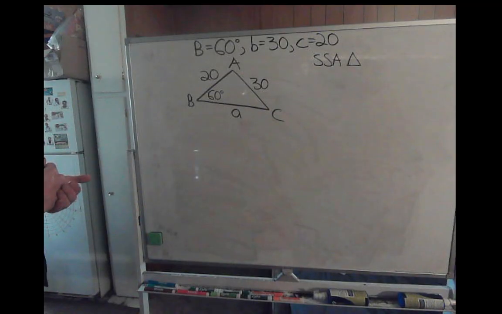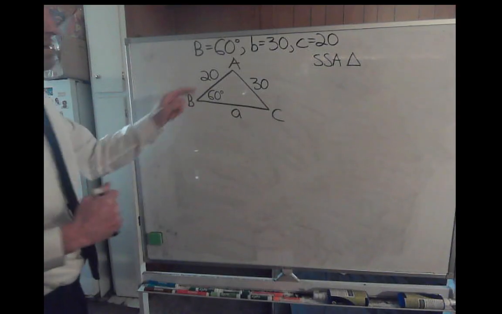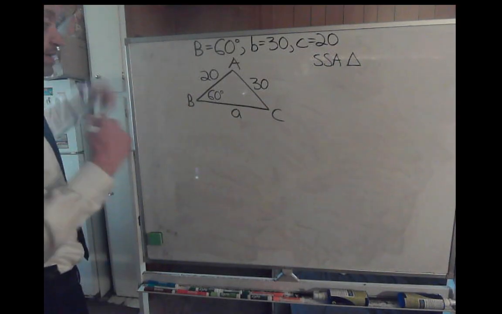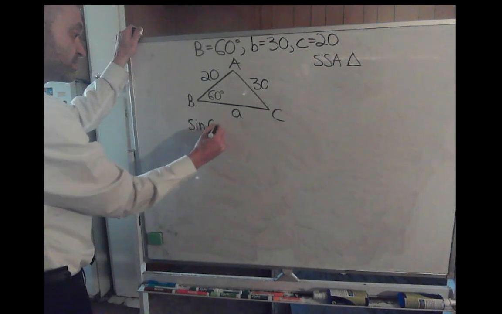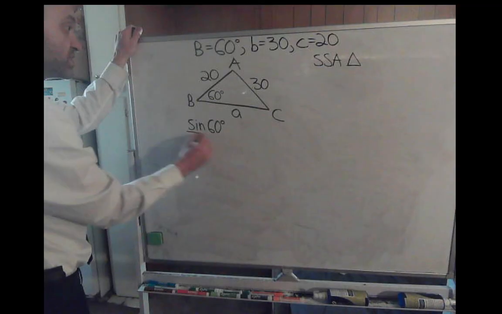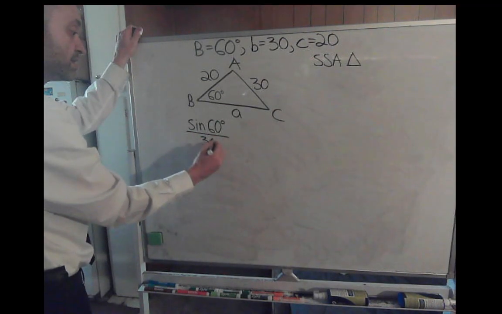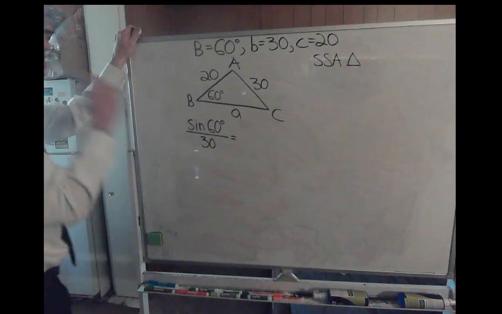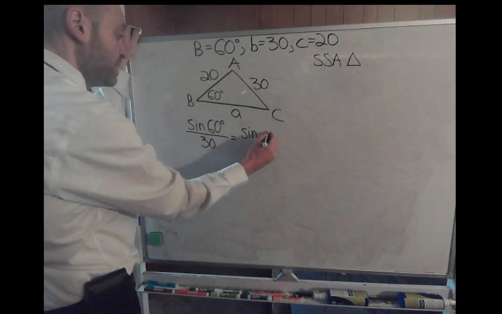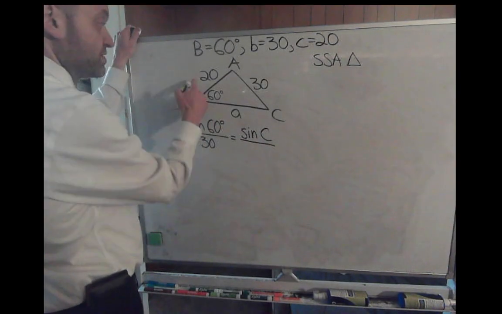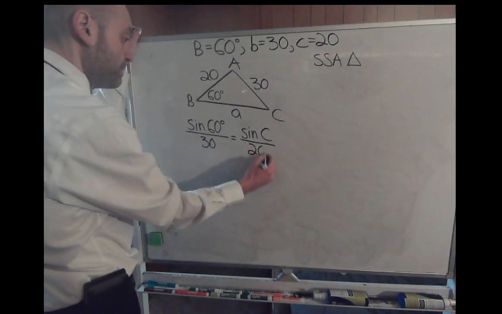I'm going to vote we go with B because we know angle B, so let's take that sine of B, which is the sine of 60 degrees, all over side B, which is 30, set that equal to the sine of C, which we don't know angle C yet, all over the side C, which is 20.